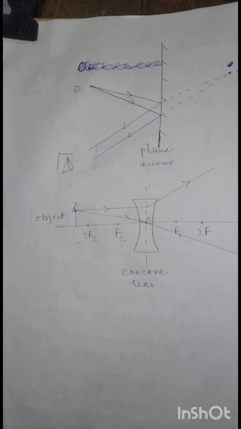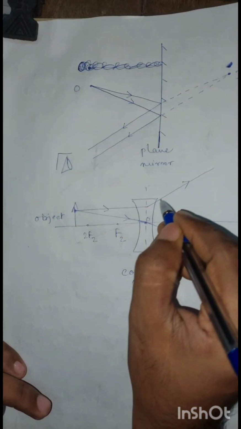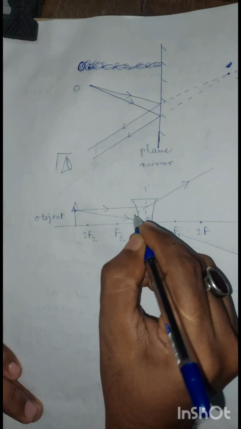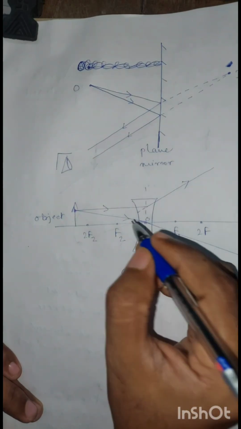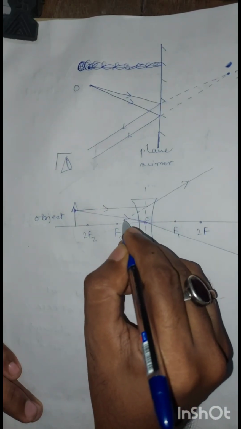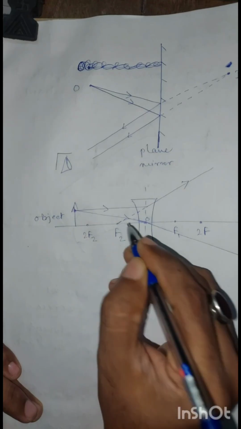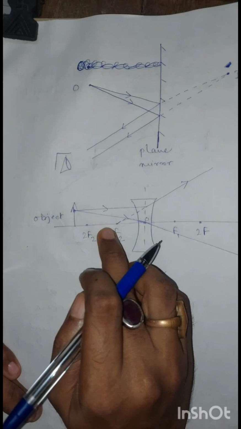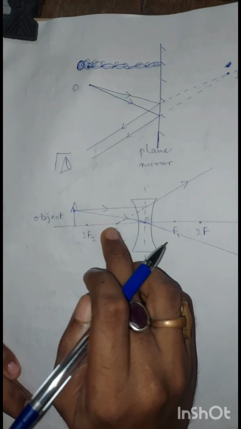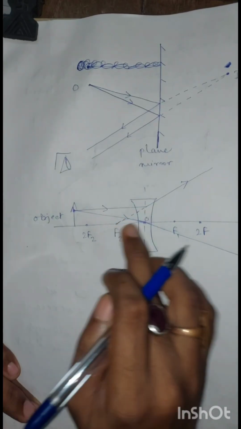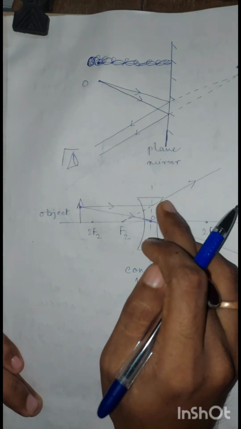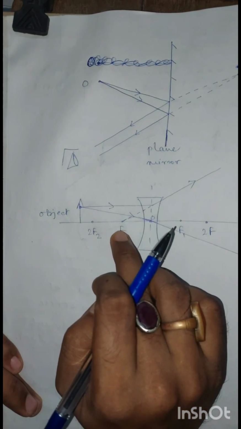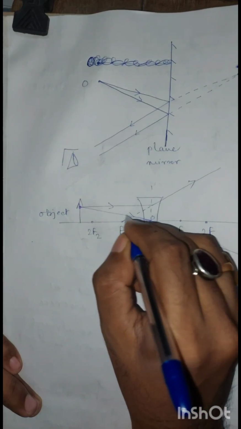Now if we drag this ray backwards, it will pass through the focus, but this is not its actual path. This is our imagination that we are dragging this ray backwards, and then we can say these two rays intersect.